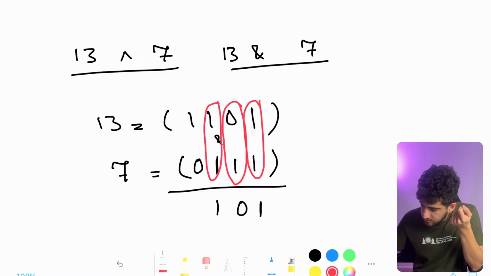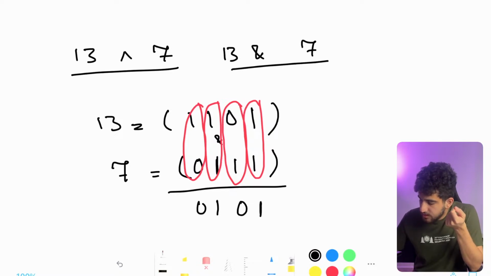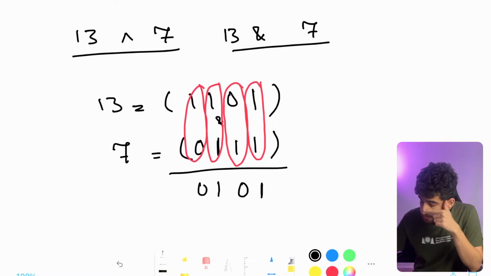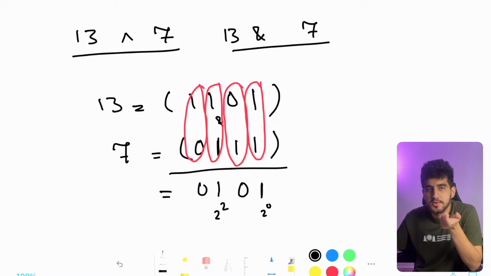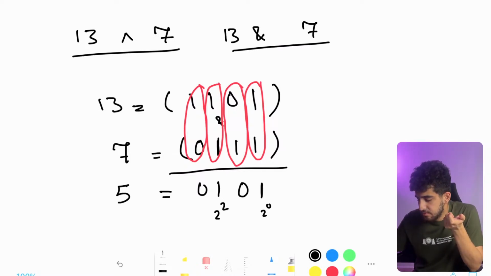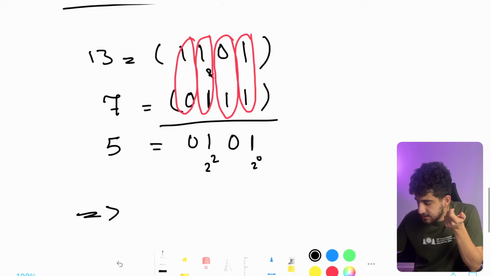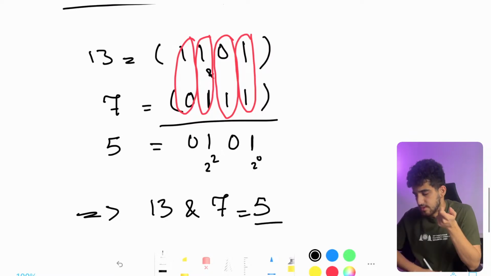These two, one of them is 0, so this is gonna be 0. And you can see that this will be equal to 1 times 2 to the power of 0 plus 0 times 2 to the power of 1 plus 1 times 2 to the power of 2 plus 0 times 2 to the power of 3. So the result is going to be 5. So 13 AND 7 is going to be 5.